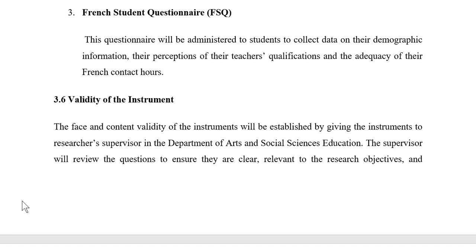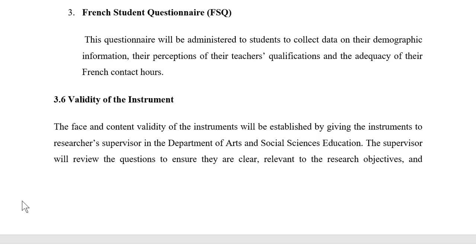We know that the instrument we are using is the questionnaire, so the questionnaire must speak the same language as the research objectives. Your questionnaire must not say something outside the box of your research objectives.